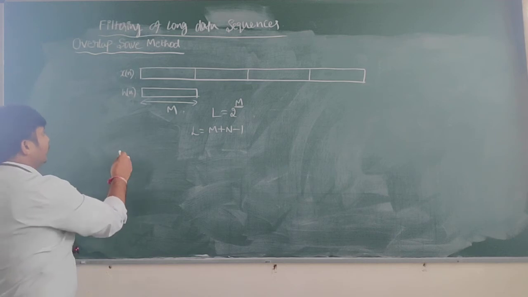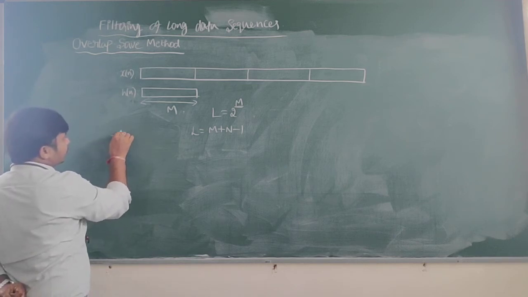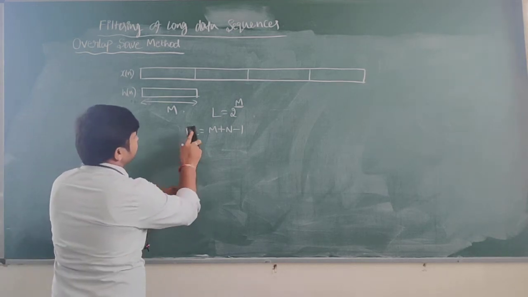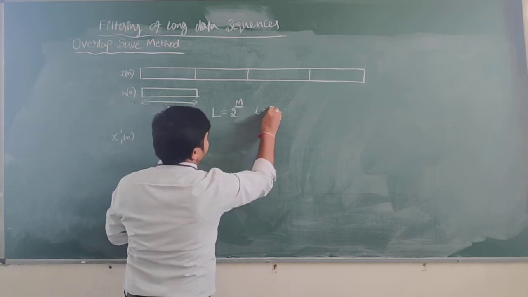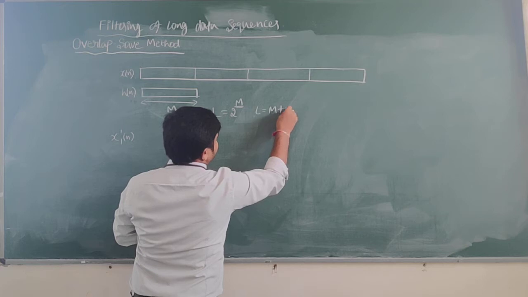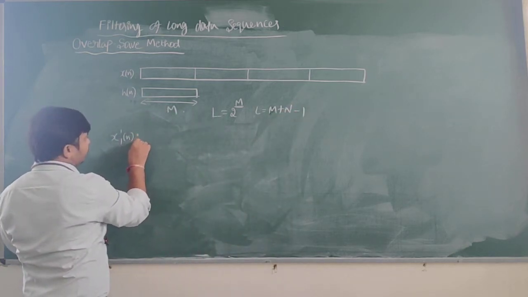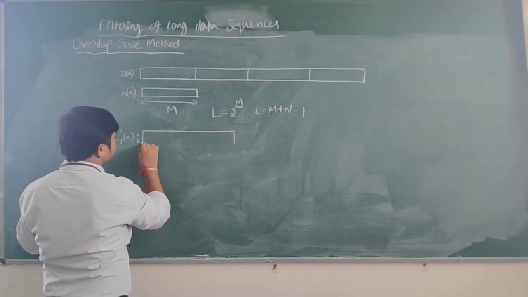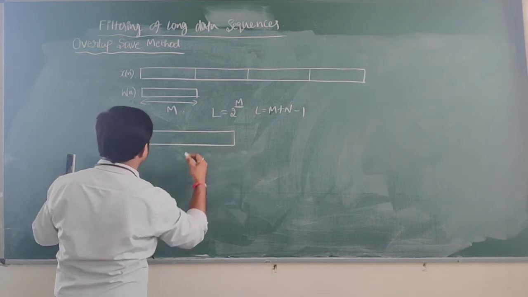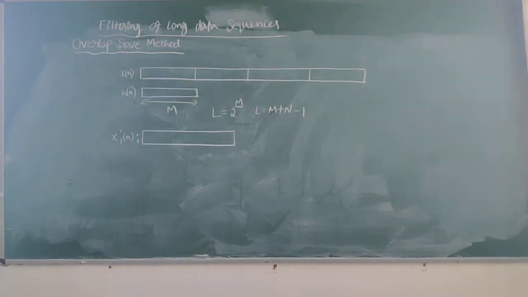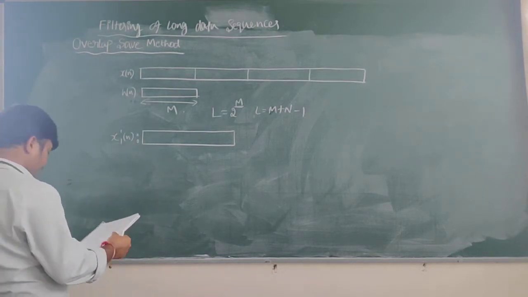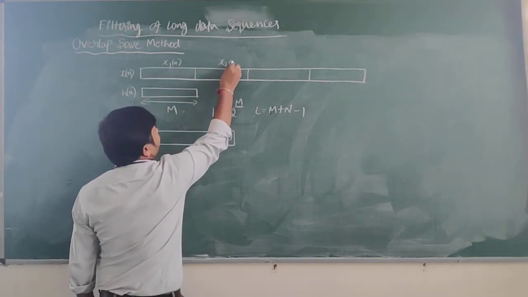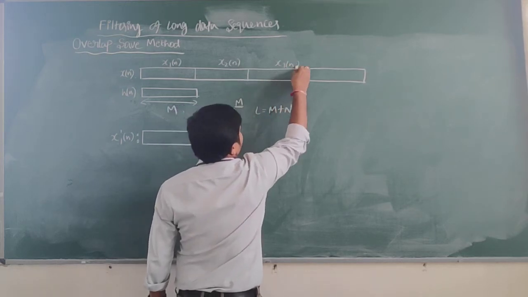I will call the blocks x1 dash of n, x2 dash of n, and so on.